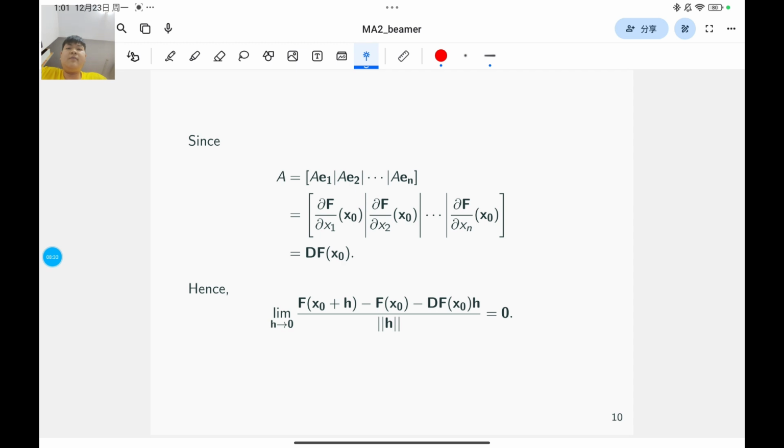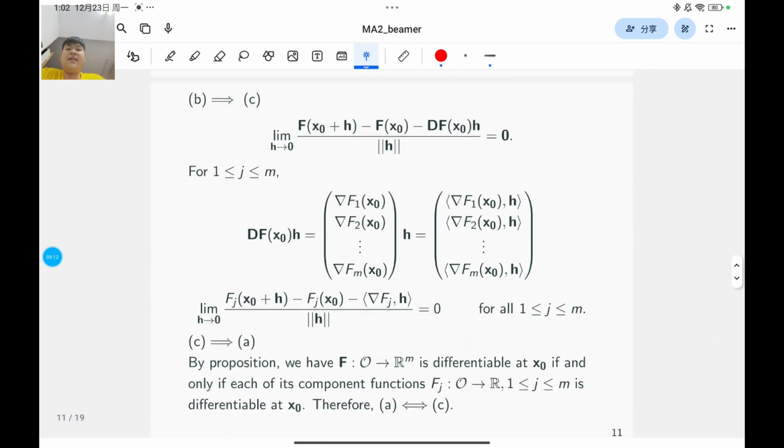Also, we know each A ei is equal to the partial derivative with respect to xi at x0, so we can write this form. And what is this? This actually is Df(x0). So we plug A equal to Df(x0) into the first limit we had. Then f has the partial derivatives at x0 and this limit is 0, so B is true.